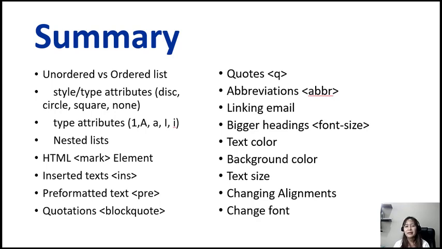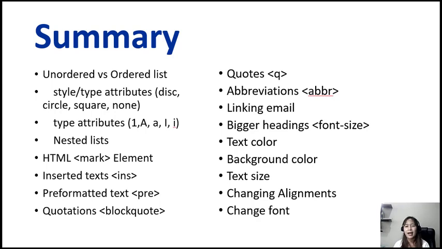We also learned other elements for HTML, such as the mark, the ins, the pre for pre-formatted text, the blockquote for quotations, or the quotes using the Q tags. We also learned to define abbreviations using the ABBR tag.